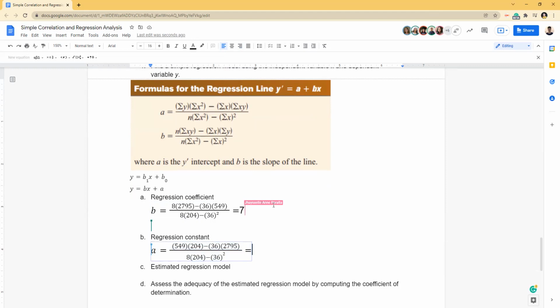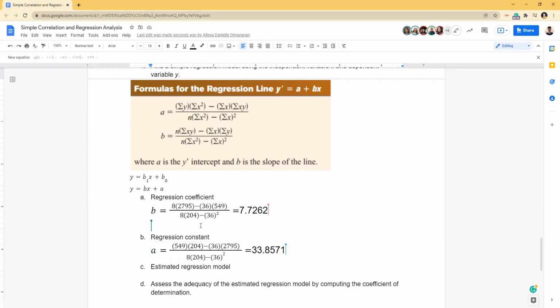So JSL daw may value na. Okay? How about the others? Kung tama kayo dun sa B, or you can comment sa chat box natin. 33.8571. Sino to? Si Alexa to, no? Yung blue.